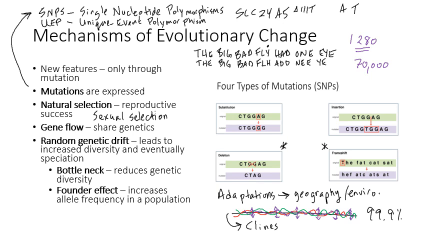Either way, we get a founder effect when individuals that are carrying, say, a new trait or a different trait leave a population, and they carry that trait to their new location. And in doing so, we start to see that trait become the dominant trait with them. So, for example, in the Isles, we see areas where red hair is dominant, and that could be a result of the founder effect.